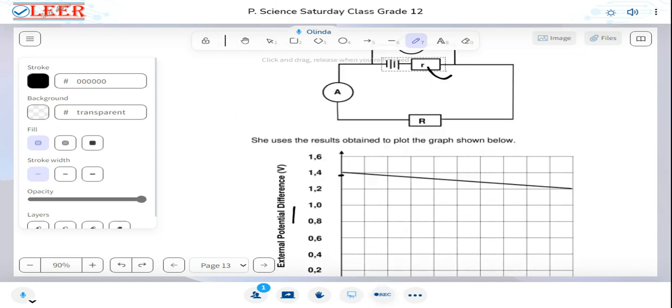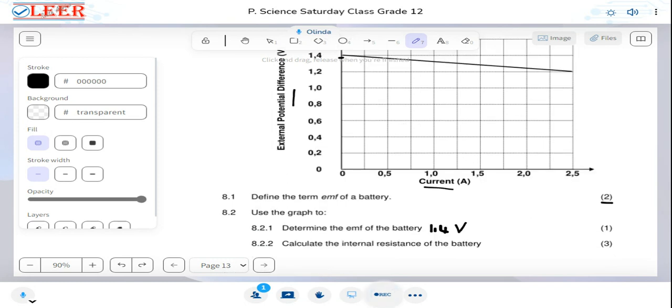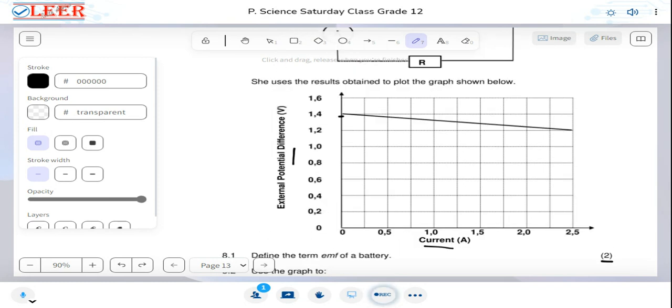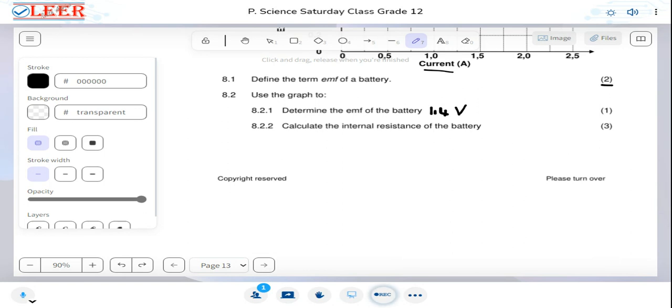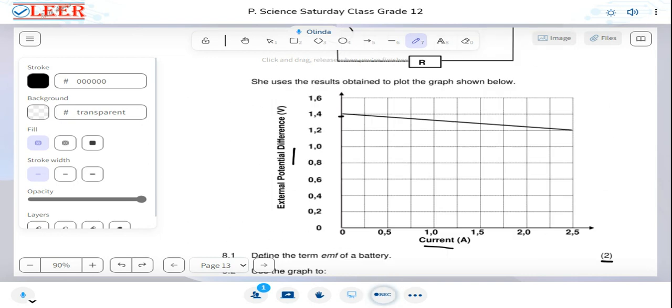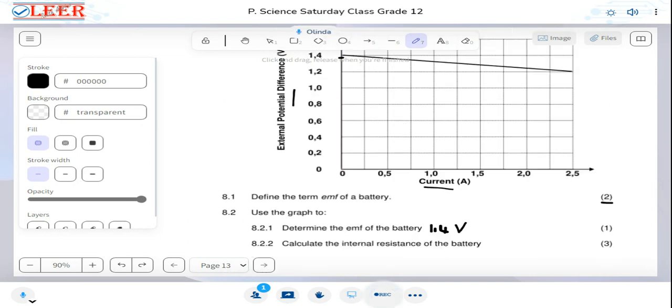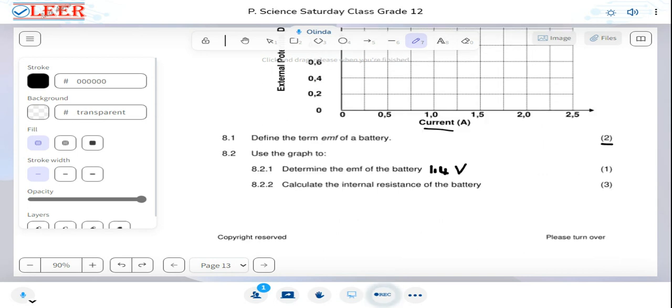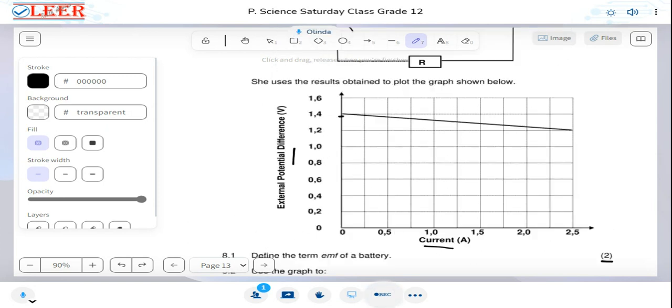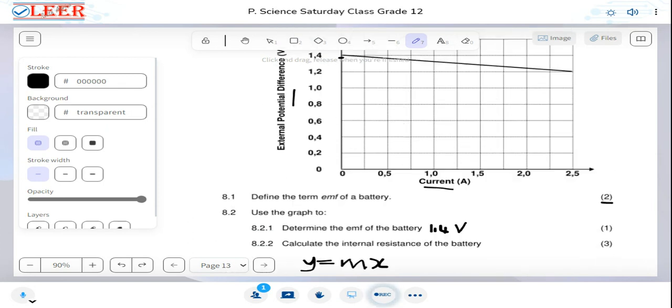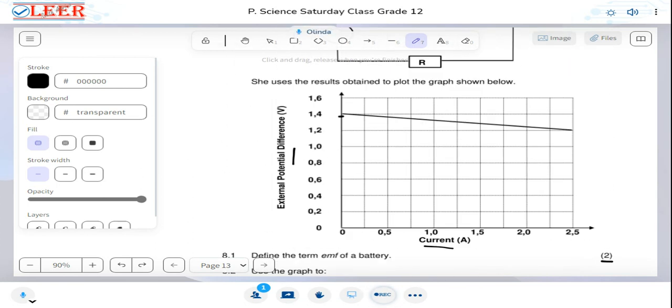Okay, so we're going to calculate it using gradient. As I said before, if you have a graph, you need to be able to create an equation. So we're going to say, we know that y is equals to mx, I guess we could say plus c.